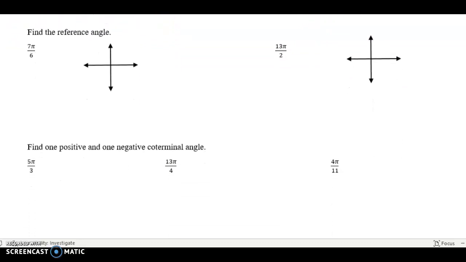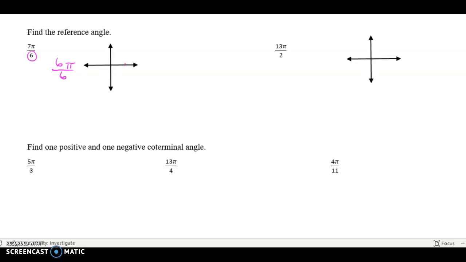So a reference angle, recall, is the shortest distance back to the x-axis. So 7 pi over 6, if this is 1 pi, this would be 6 pi over 6 if I give it a common denominator.